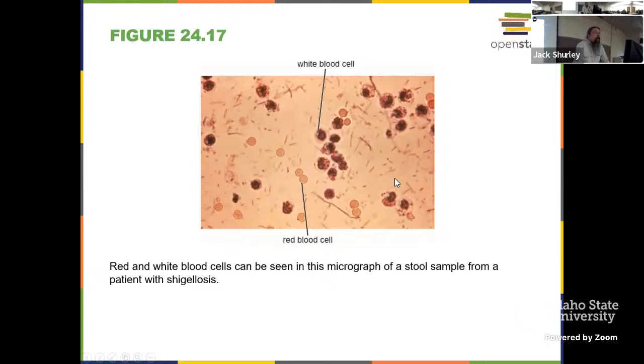First off, in a stool sample, you would expect to see bacteria all over the place. That's what a stool sample is, right? There's a lot of bacteria in that, all right? Billions of bacteria in a single gram of feces, which is about the size of a pea, all right? That's not much feces to have a huge amount of microbes, right?